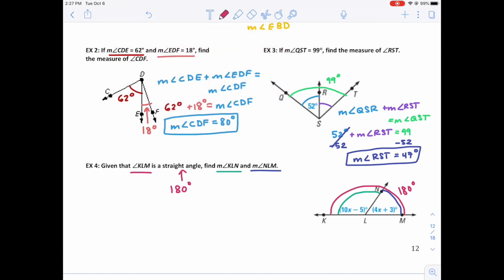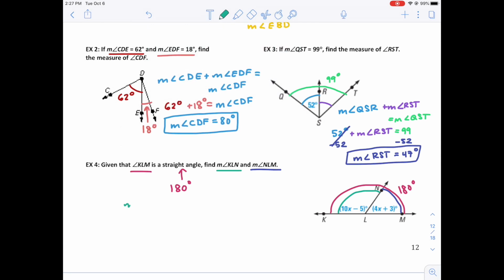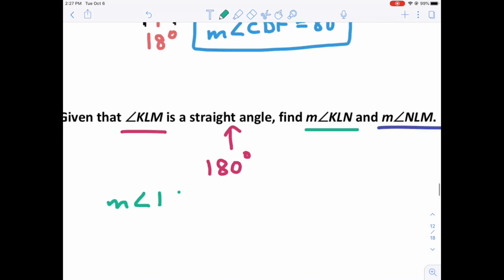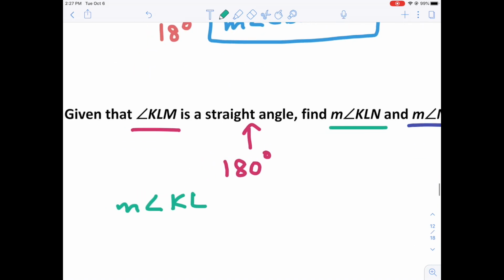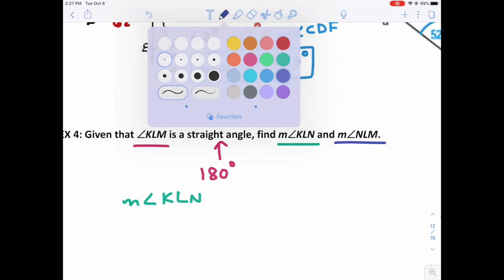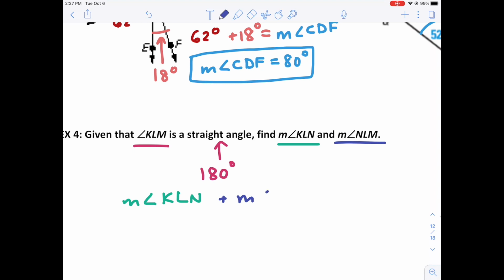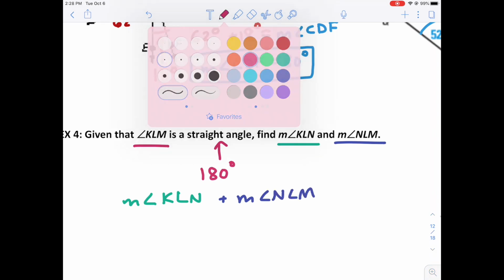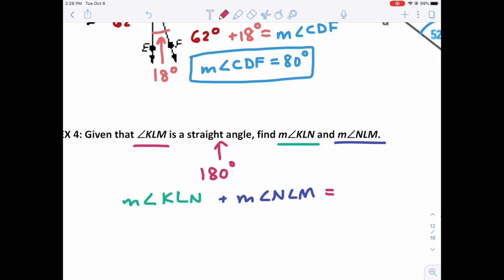So I can take the measure of angle KLN, I can add to it the other part, the measure of angle NLM, and I will get the whole angle, the measure of angle KLM.